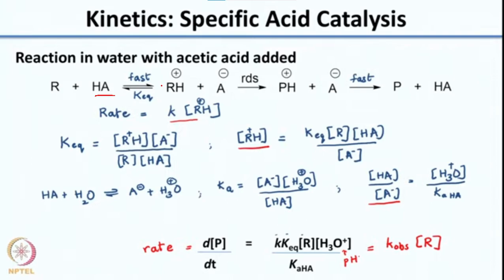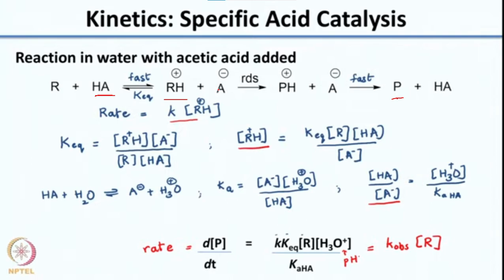Now it will get protonated and A minus will be generated. Now the rate determining step will take place to give the protonated product plus A minus, then the proton transfer will be very fast and it will give a product, right? So this is the reaction which we have discussed earlier also.